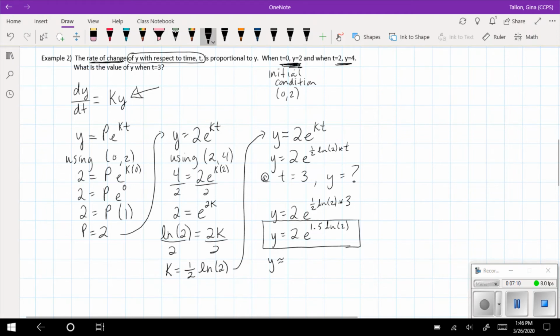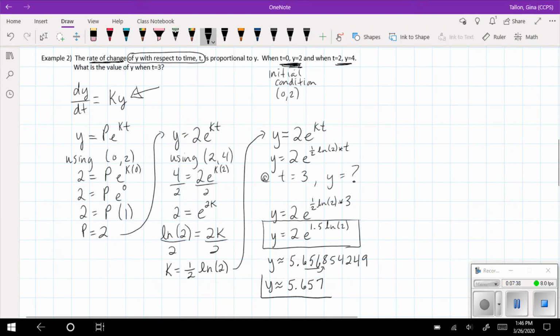Throw that in my calculator. I end up with 5.656854249. And then I will use my rule of thumb and go 3 digits past the decimal and look to my 8. This is 5.657. So either of these two answers would work out just fine.